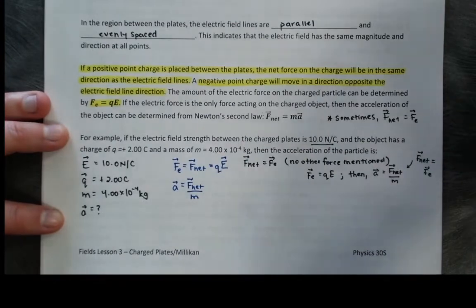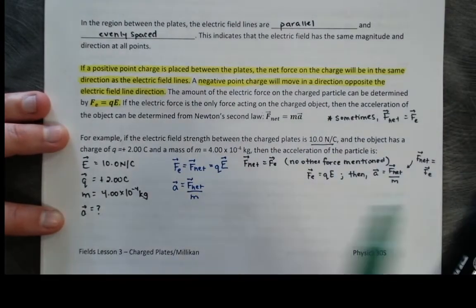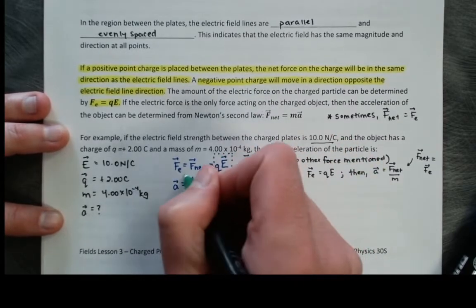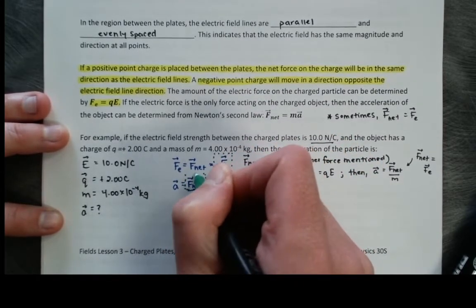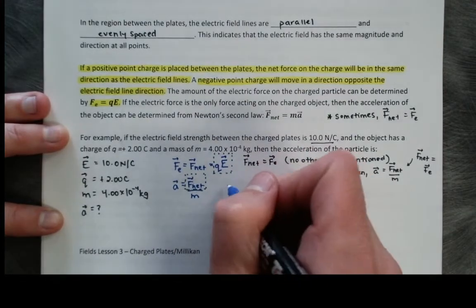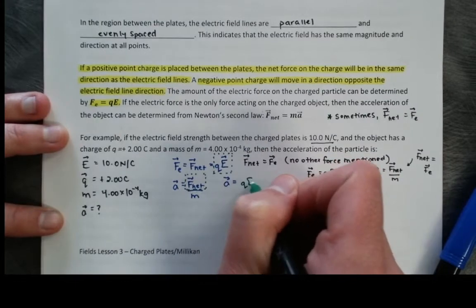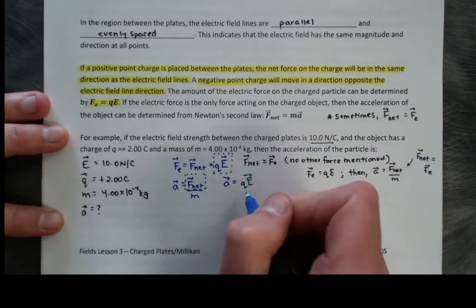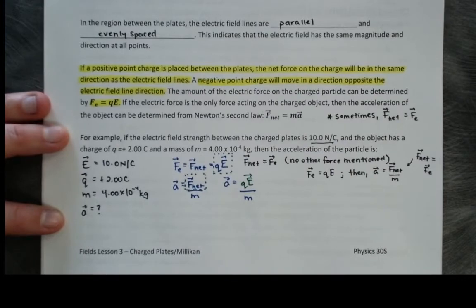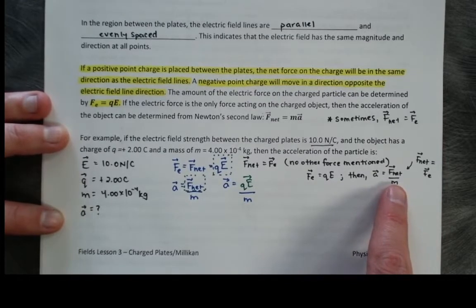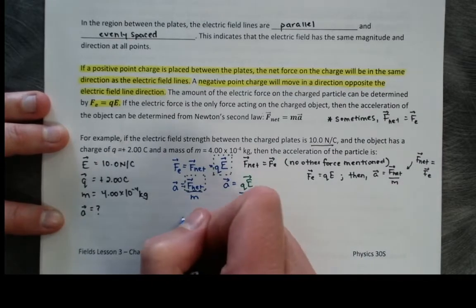So we just replace Fnet with Q times E. So acceleration is equal to Q times E divided by m. Again, if you prefer to find the force first and then use it in this formula, that's absolutely okay. But we often do look for shortcuts where possible in physics.